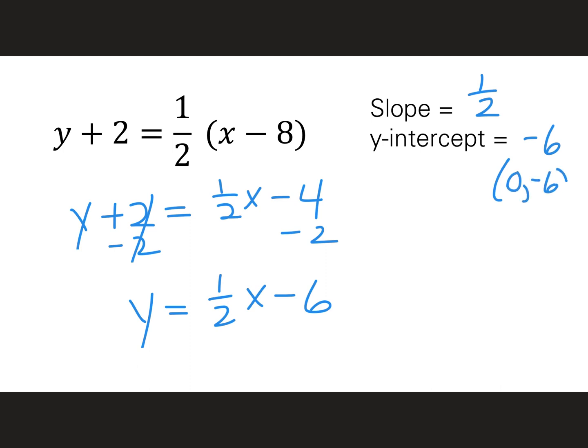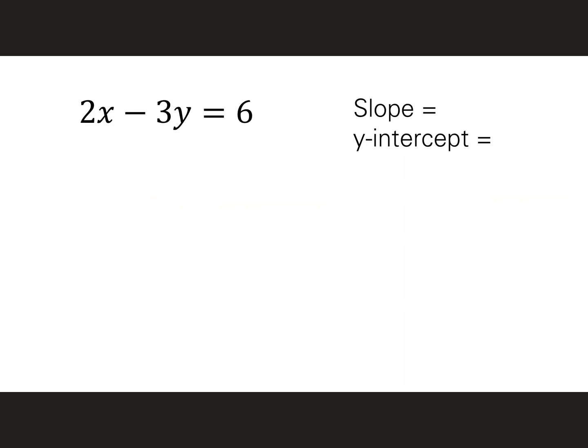Okay, here's another new one. And again, to find the slope and the y-intercept, I have to solve for y. I cannot say right now that the slope is 2 and the y-intercept is 6, because if I did, I'd be wrong. So here we go. I need to get y by itself. This is why we teach literal equations. I'm going to get rid of the term 2x on both sides.